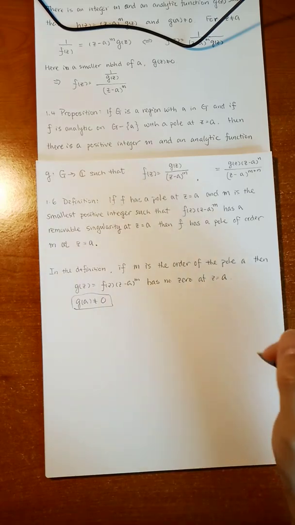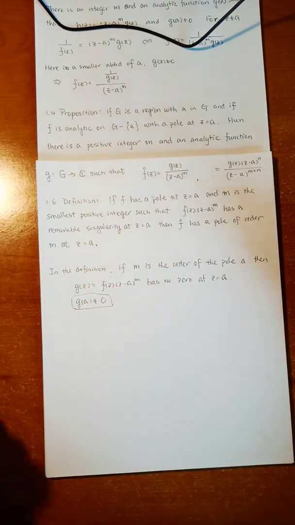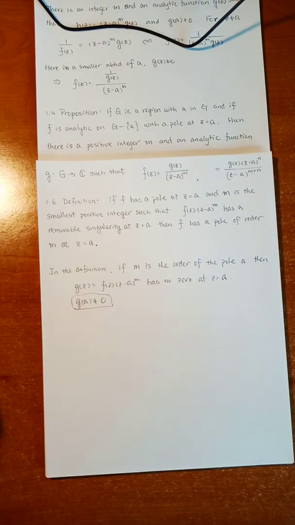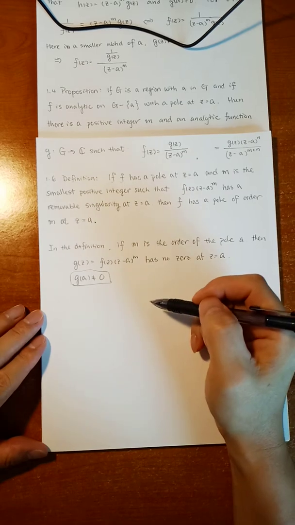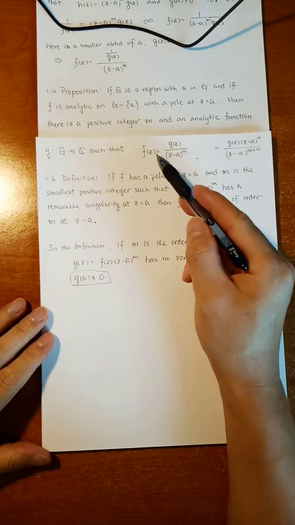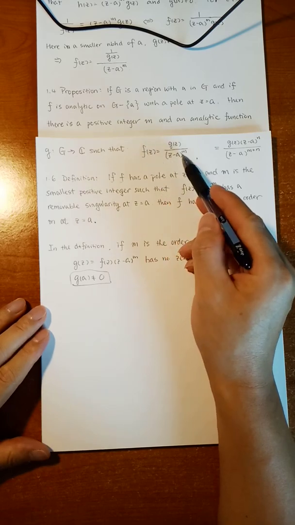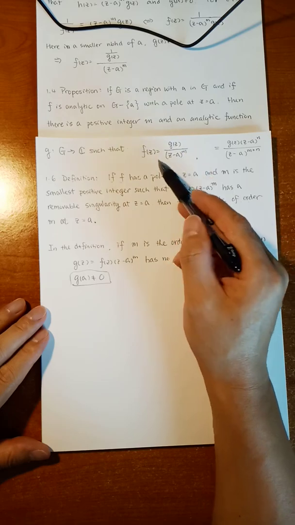You can do the contradiction part, and the contradiction is about the smallestness. Okay, so whenever you have an analytic function with a pole of order m, you always write this way.